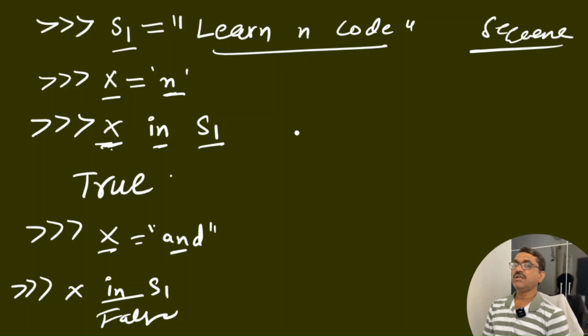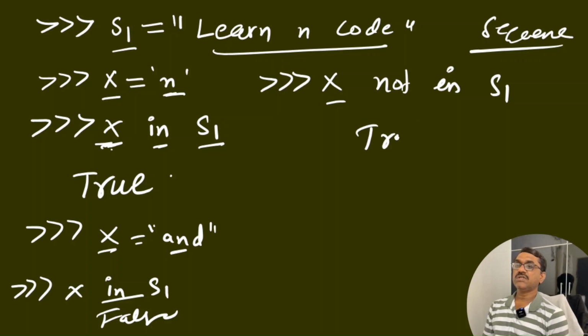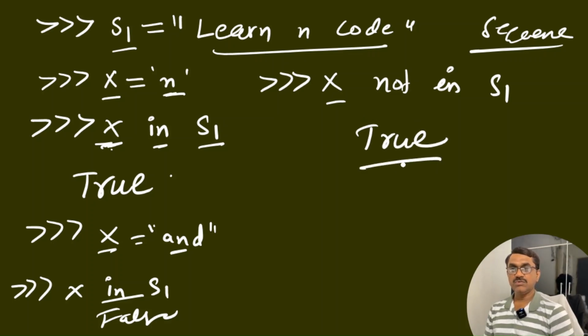In place of in, if I use x not in S1, where x is and, and is not there in S1, in this case it is going to return true. This is how the membership operator is going to work.